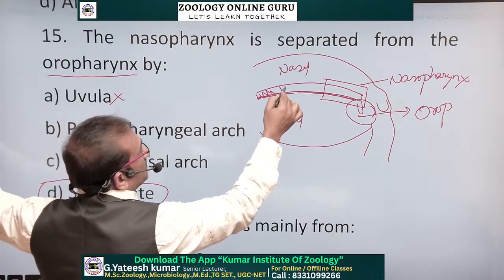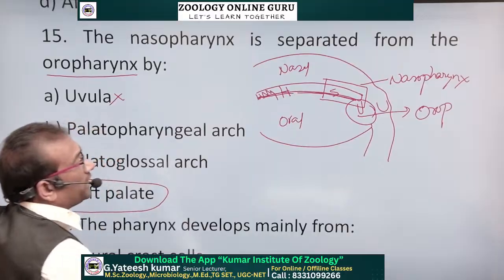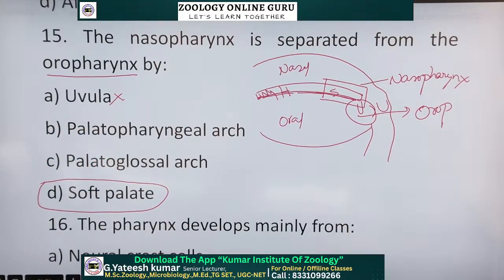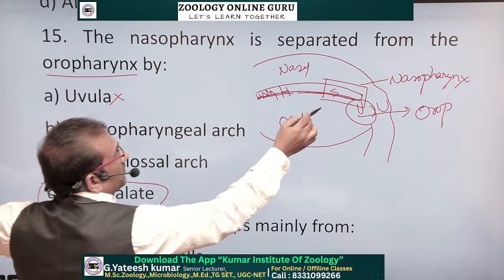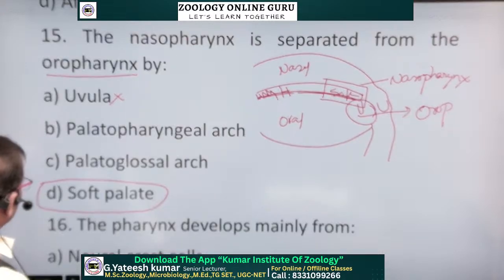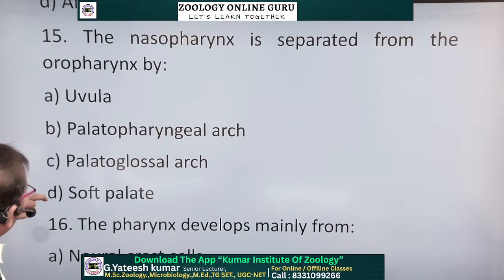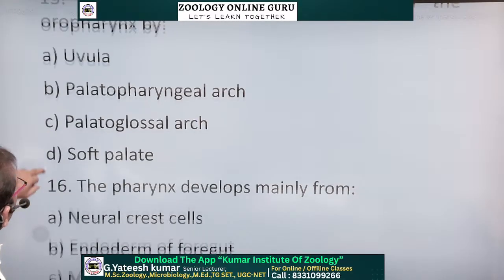This is the hard palate, this is the soft palate. The soft palate separates these two. The posterior part of the soft palate is the uvula. So the answer is D, soft palate. Next, question number 16. We completed 15 questions.